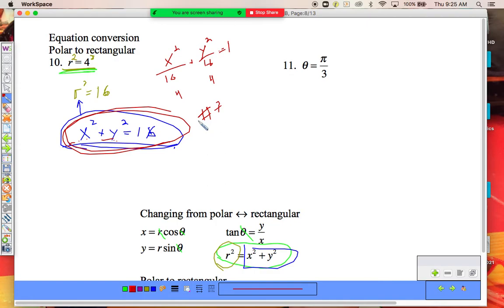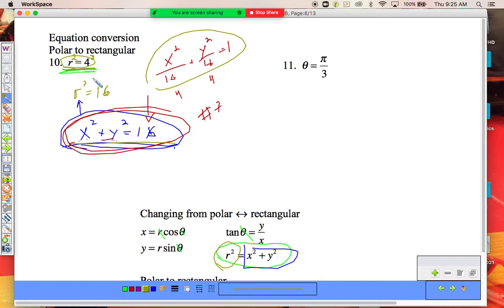Have it as x squared plus y squared equals that number. If you divide it and try to plug this in for number 7, it's going to tell you you're wrong. They want this. So that's a circle with a radius of 4.